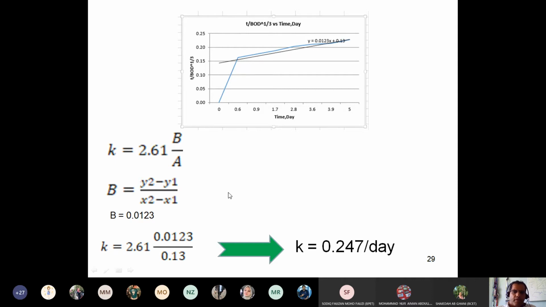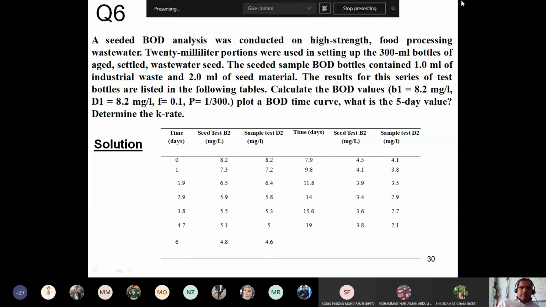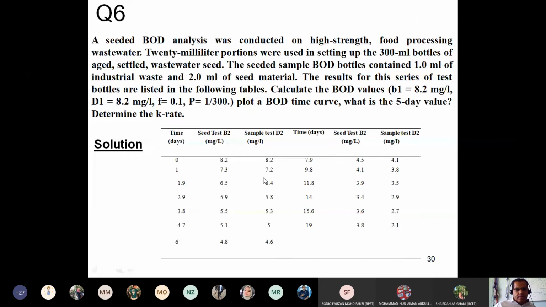Okay. Question 6 is also the same, but here I have seed. I have seed test B2, and I also have D2. So if you read, this is the time given to you, from 0 to 19.